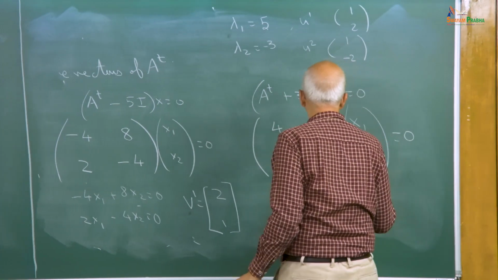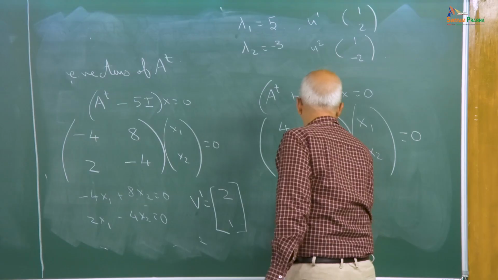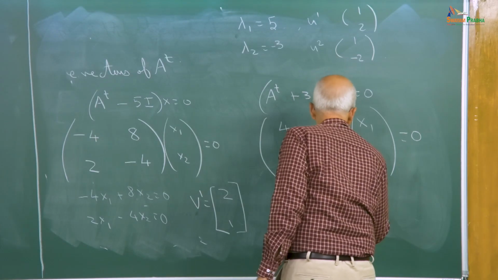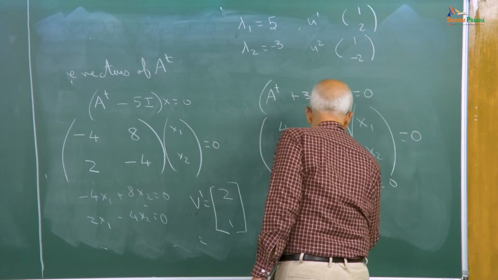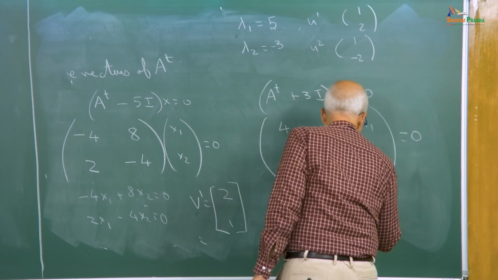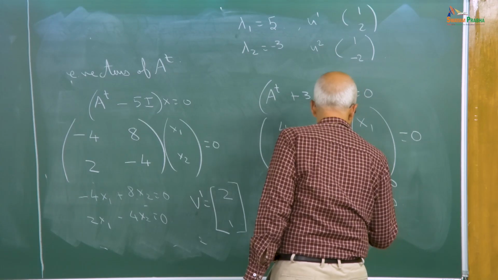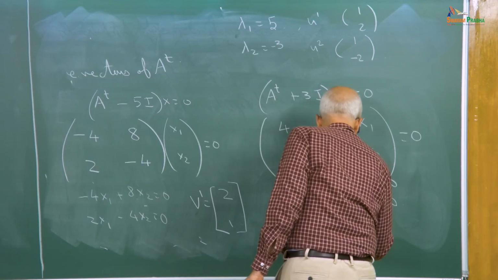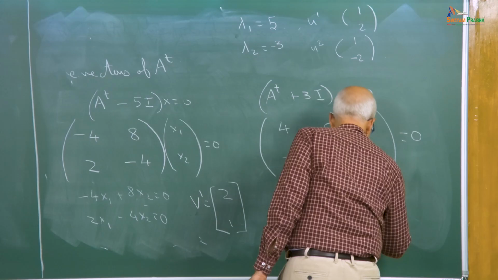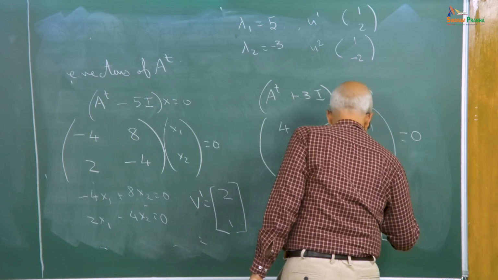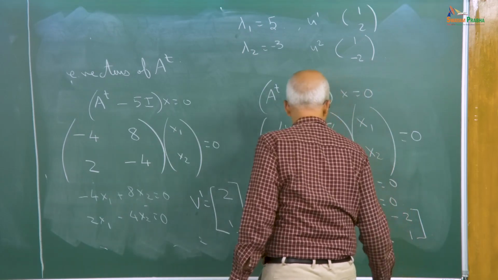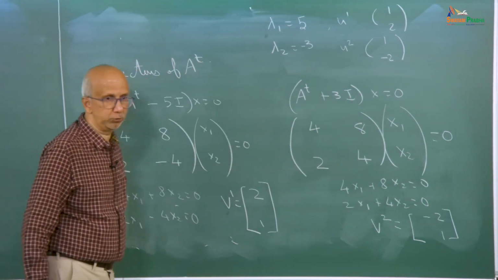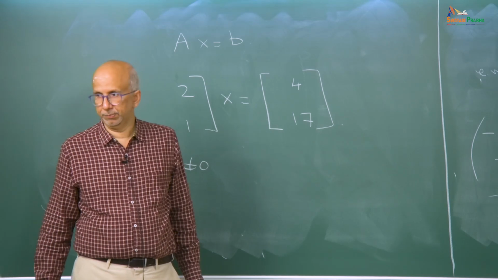And what about V2? So you get V2, the solution will be x2 equal to 1, minus 2 1. Okay.